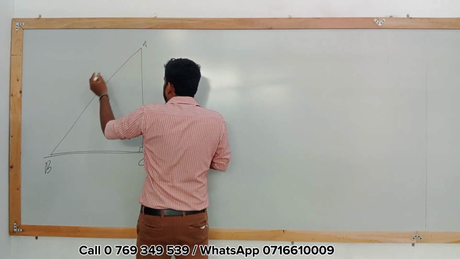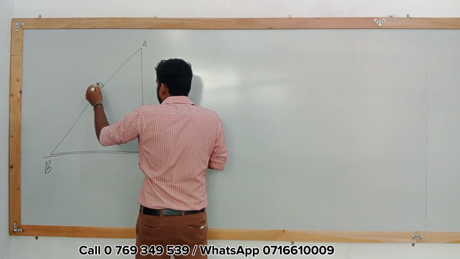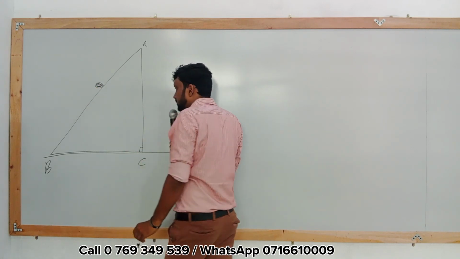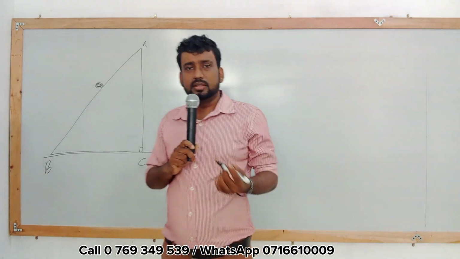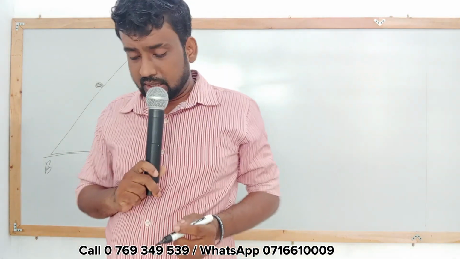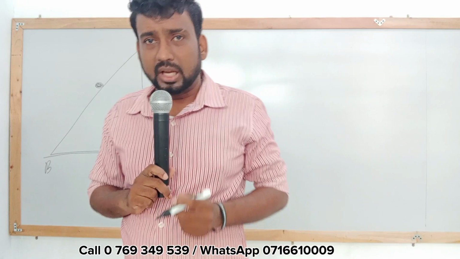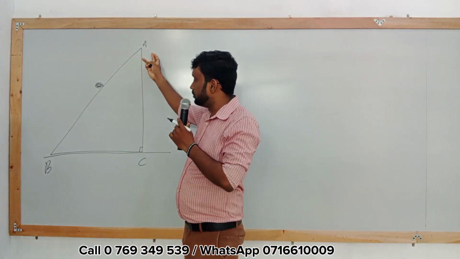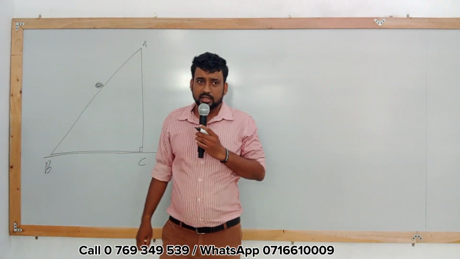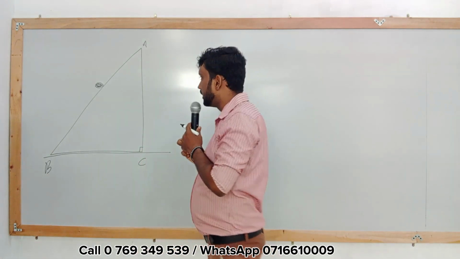Given that the particle is here, but we should place it here. Why? That is moving, no? That is moving. Here A is the starting point and here the ending point, right? We have to find the moving.